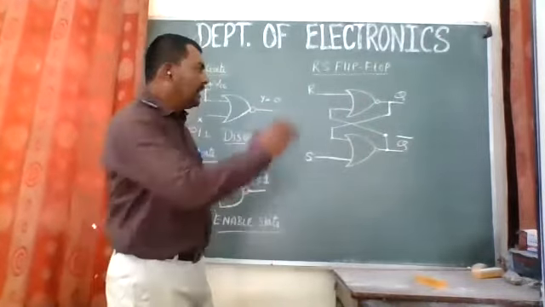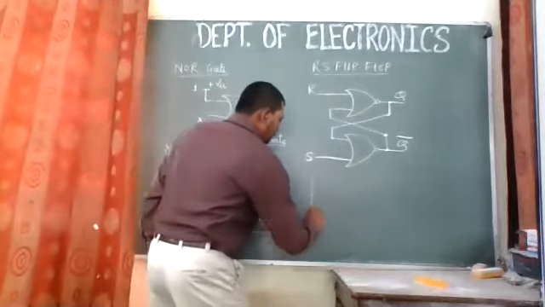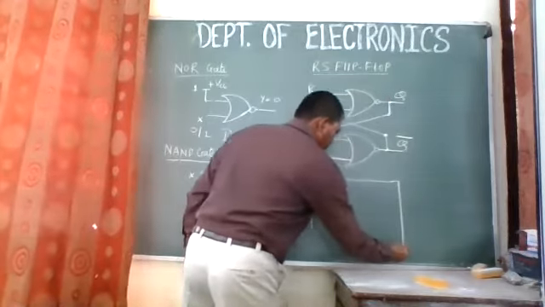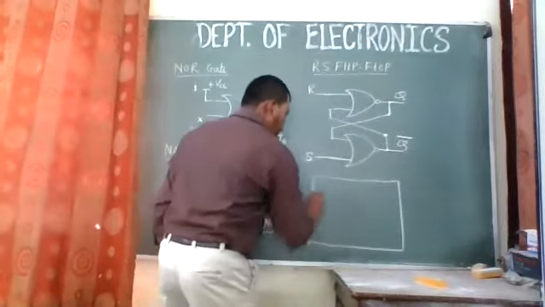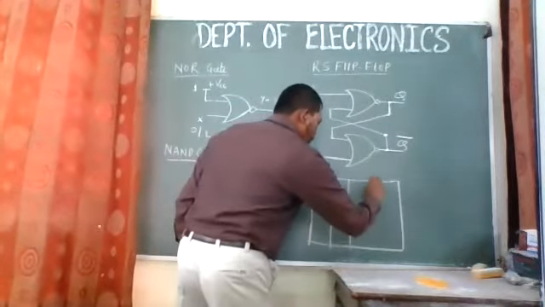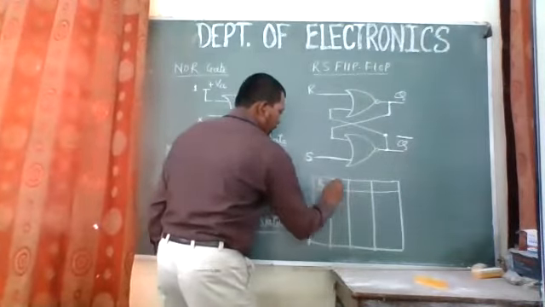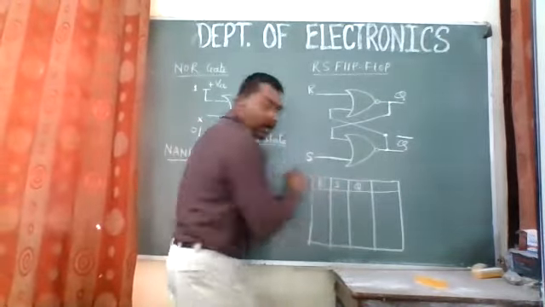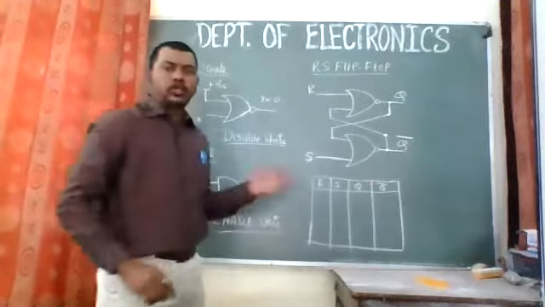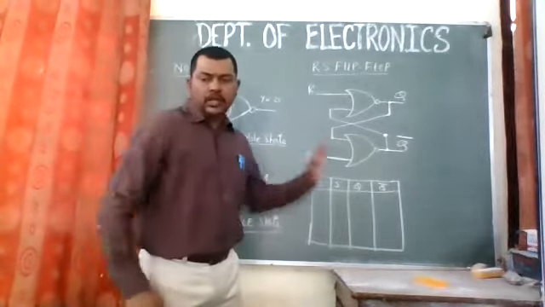When I make the truth table, I will have two inputs, R and S, and two outputs, Q and Q bar. We expect that Q and Q bar should be opposite to each other, right? So this is how we are going to design.